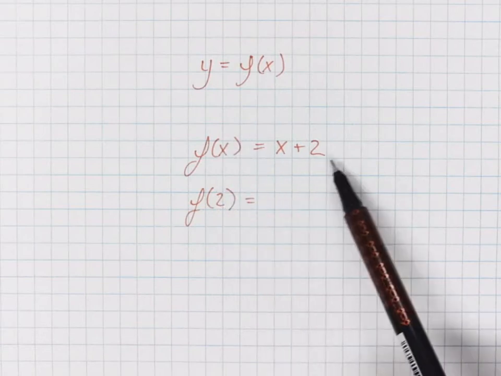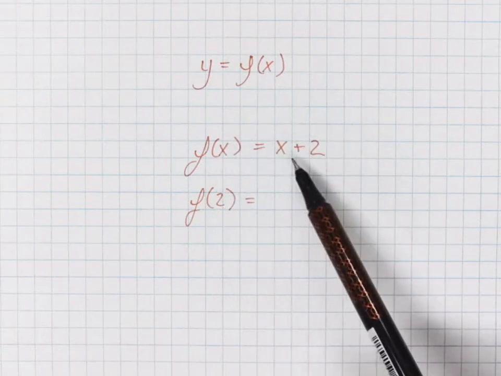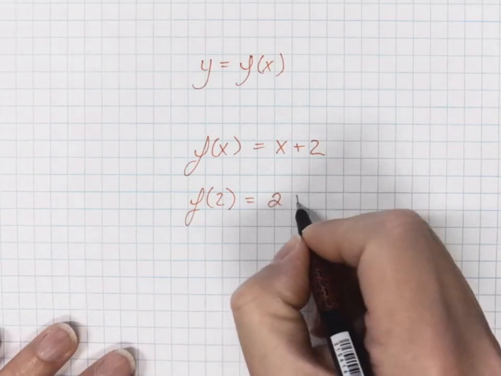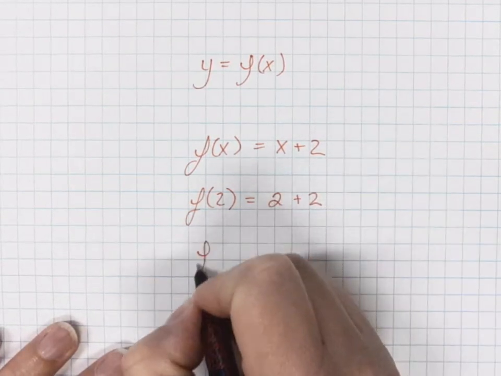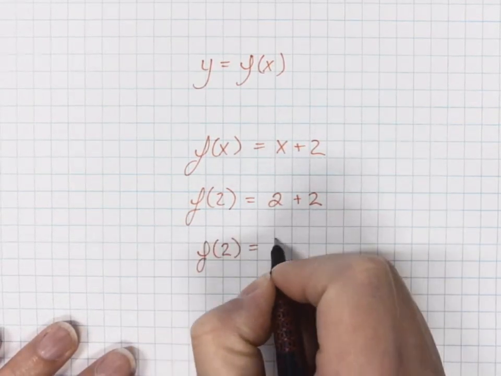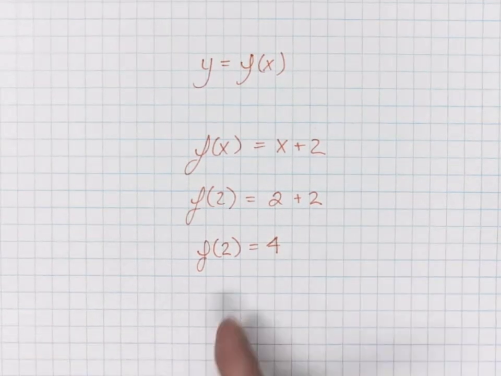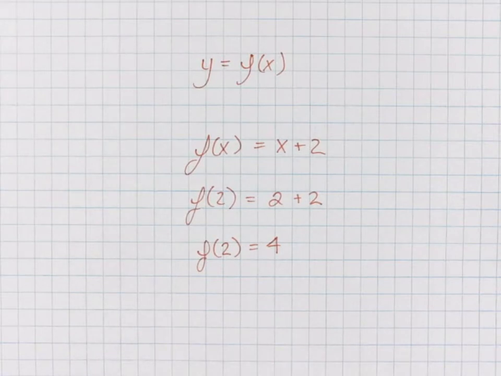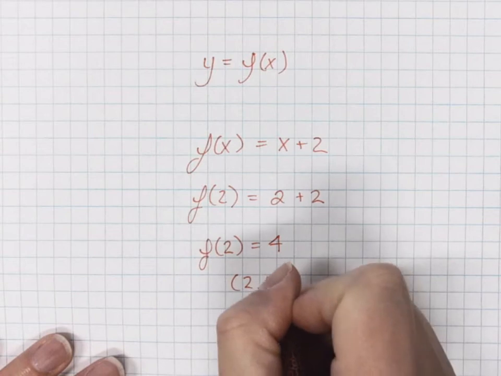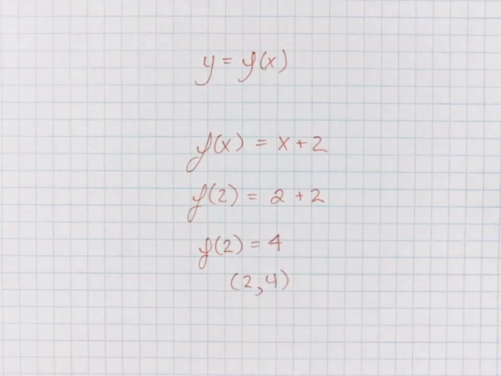The x. So what gets replaced on this side? The x. So we would have 2 plus 2. So f of 2 is equal to 4. What does that mean as a coordinate on a graph? Y equals 4. What's x? 2. You guys remember that? Vaguely? Sort of? You've just learned grade 10 all over again.